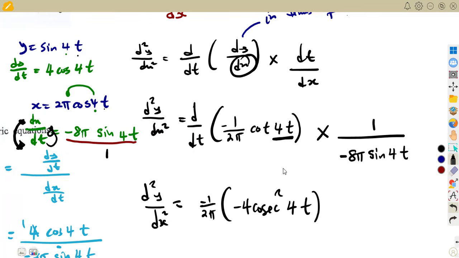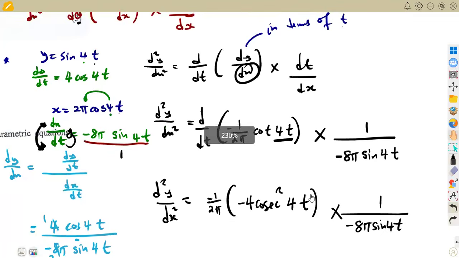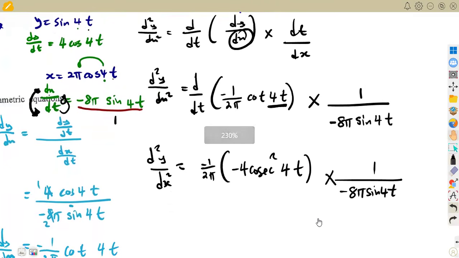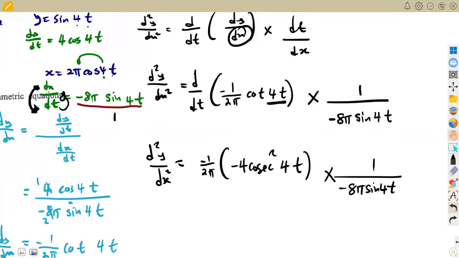The derivative of 4t is 4, but it is a negative for cot. Times what we got previously, which is 1 over negative 8 pi sine 4t. Remember, we got this from dt/dx.